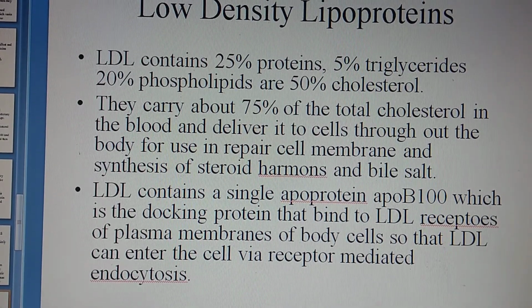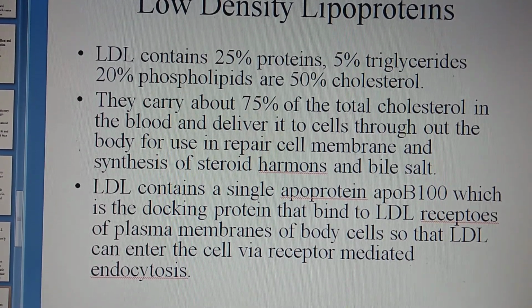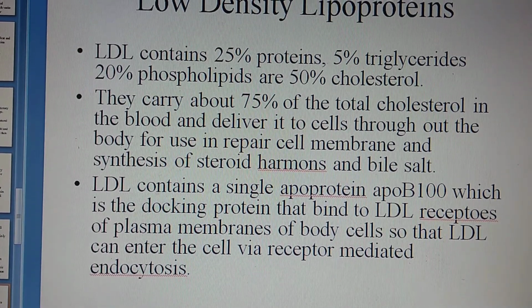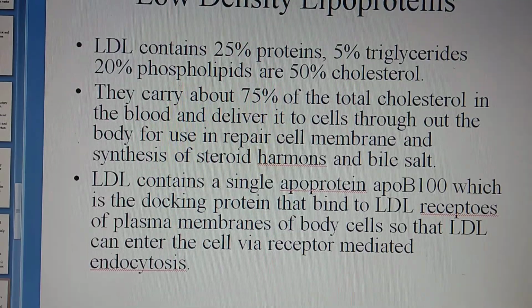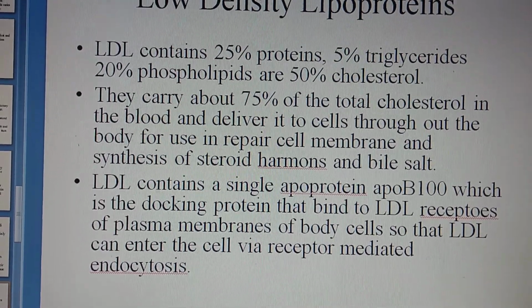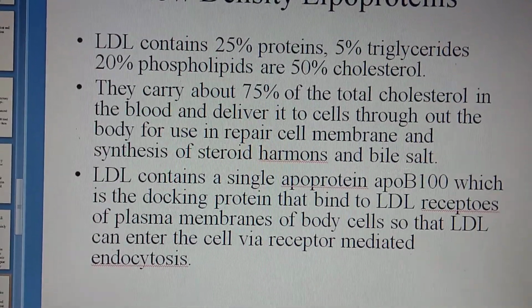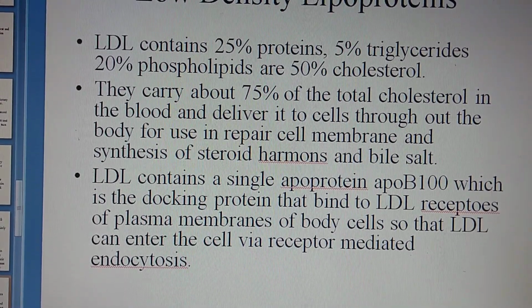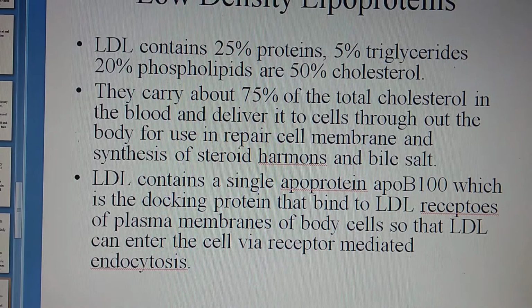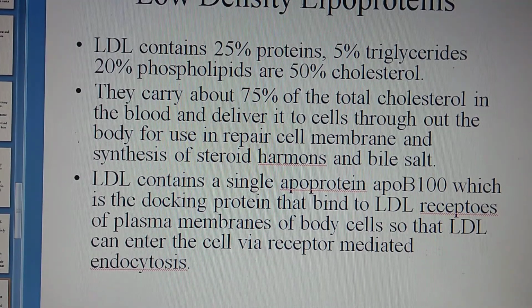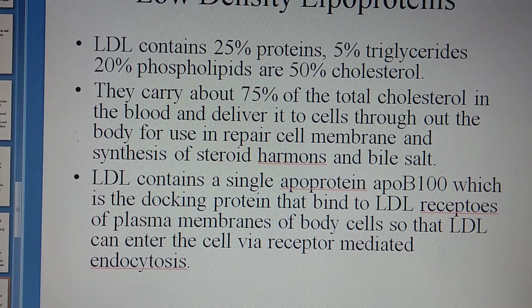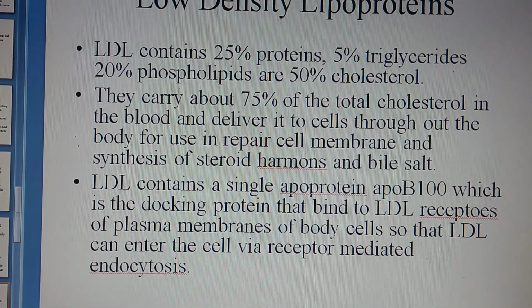Now what is LDL? LDL contains 25% proteins, 5% triglycerides, 20% phospholipids and 50% cholesterol. They carry about 75% of the total cholesterol in the blood and deliver it to cells throughout the body for use in repair of cell membrane and synthesis of steroid hormones and bile salts.